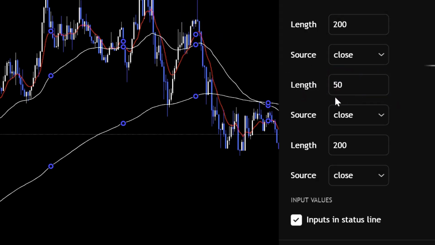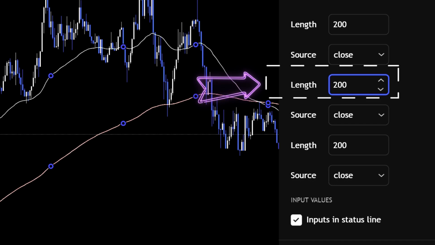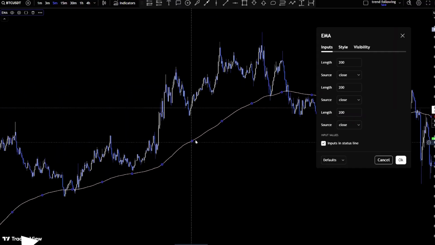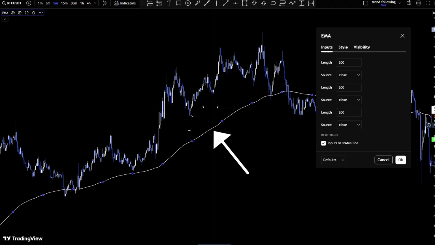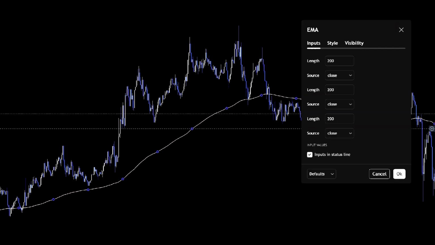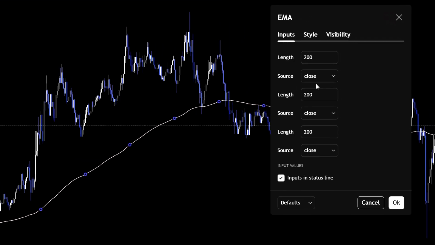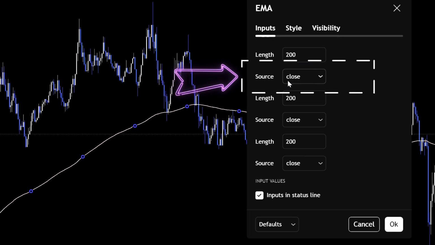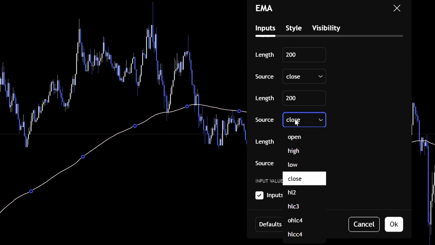But here's the crucial difference from a standard setup. Each of those three 200 period lines is going to calculate its average based on a different price point from each candle. The first one will track the standard closing price. The second 200 period line will track the low price of each candle.